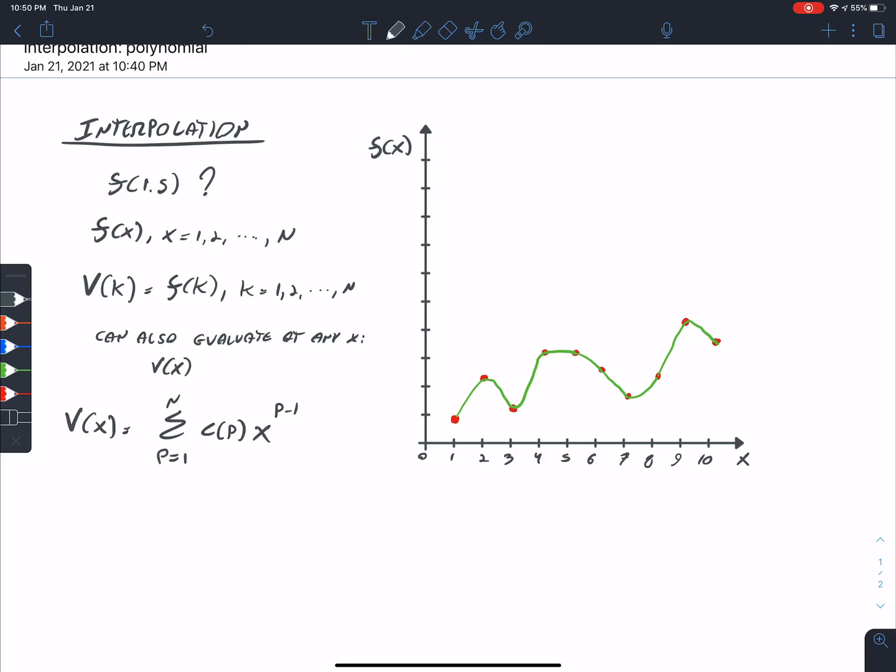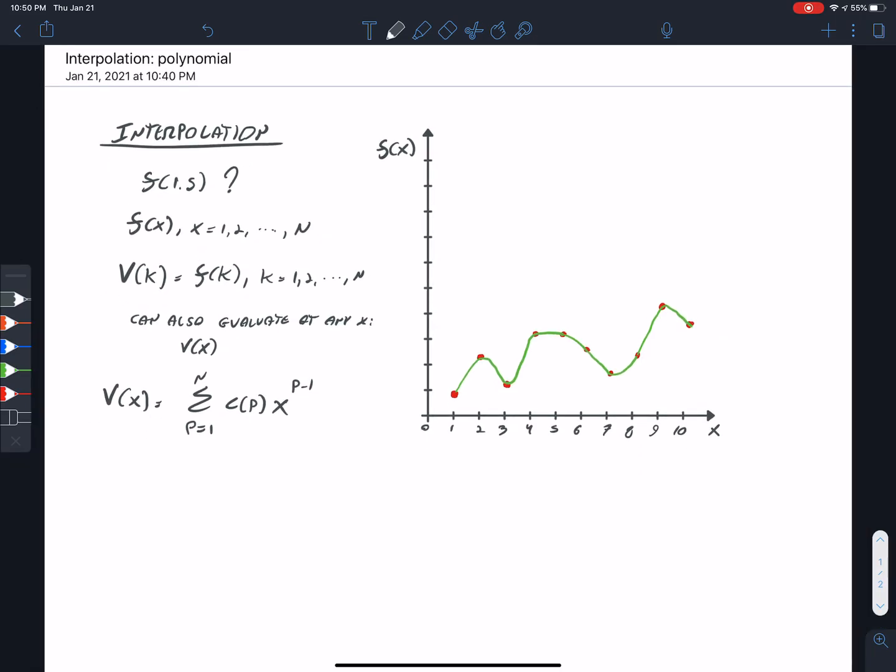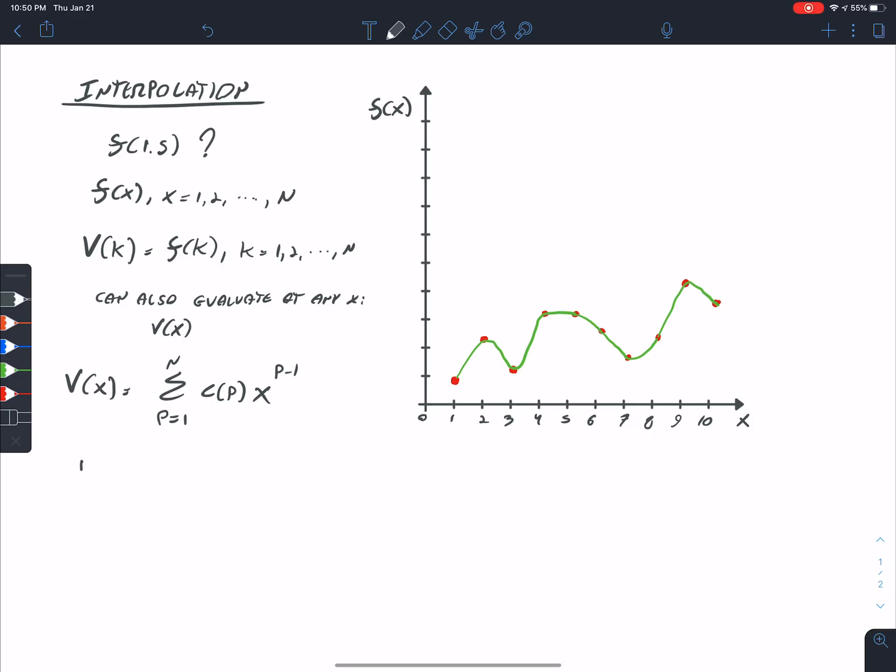So at first this formula may look a little bit strange, so let's take a look. For example, let's say when n equals 2, then we can evaluate v of x to be the sum of c1 x to the 1 minus 1, so this is x to the 0, plus c2 x to the 1, right?